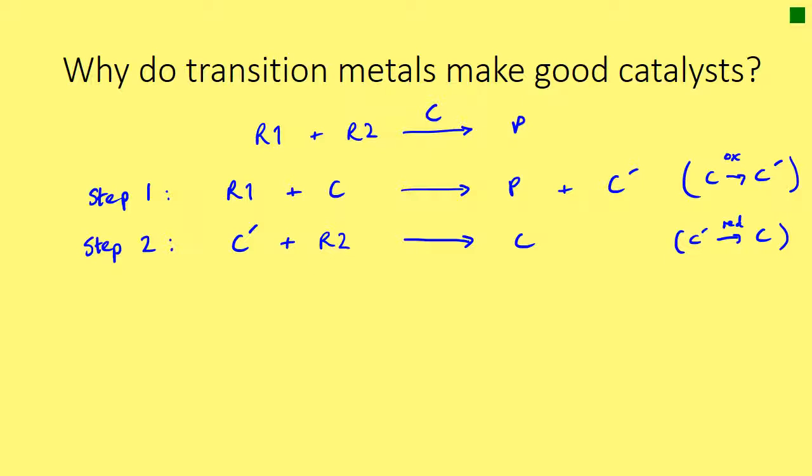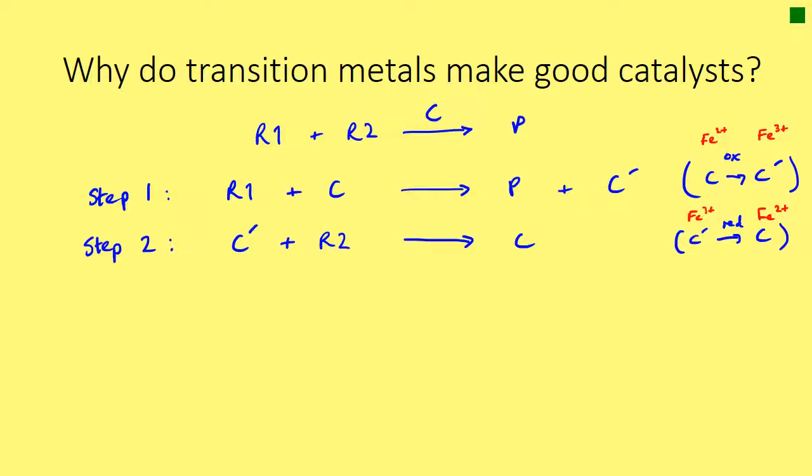And so this, let's give this an example. If we were using iron, for example, you could start off with iron 2 plus and oxidize that to iron 3 plus. That would be an oxidation reaction, and in the reformation step, your iron 3 plus would change back, would be reduced back into iron 2 plus.